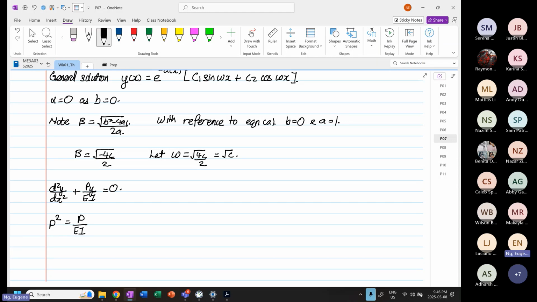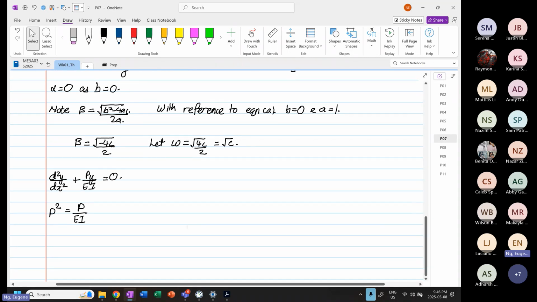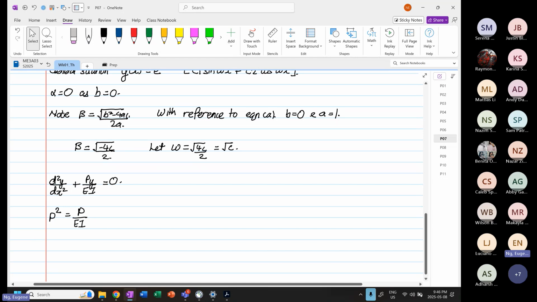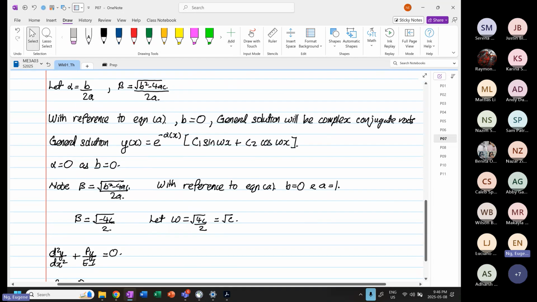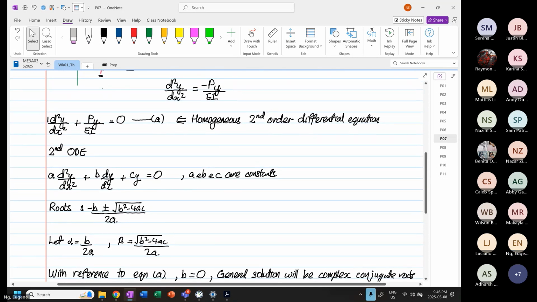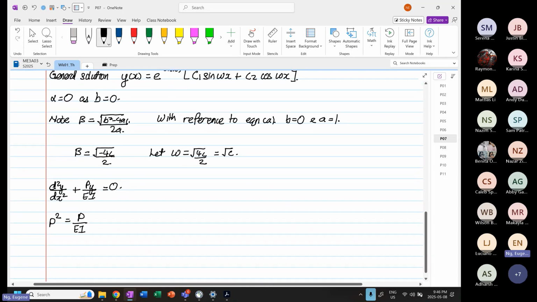So when that is the case, the equation now will become, so this is our equation A.